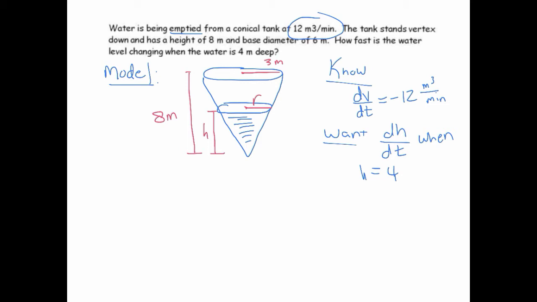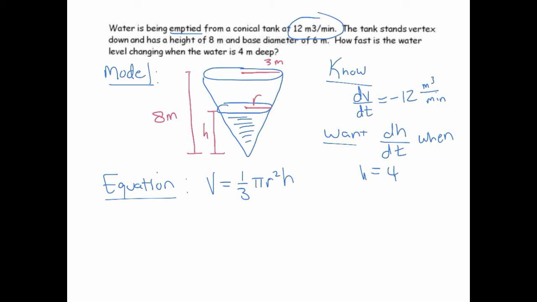All right, so now we need our equation that relates the variables involved in the problem. Obviously we need H to be in there, and we need V because that's a rate we know. So let's remind ourselves what the formula for the volume of a cone is. It's 1/3 pi r squared times the height.